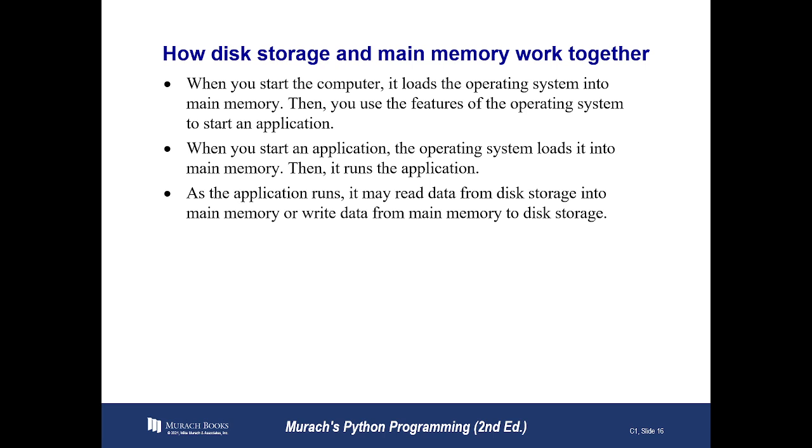So here they're just talking about how the OS loads software into main memory. Of course, it has to be running, and when you start an application, the operating system loads it into memory. So in a sense, you have two copies of it at that very moment. If you're loading up Word, the word processing program, you have winword.exe somewhere on the disk drive. And when you load it, a copy of that gets put into memory.